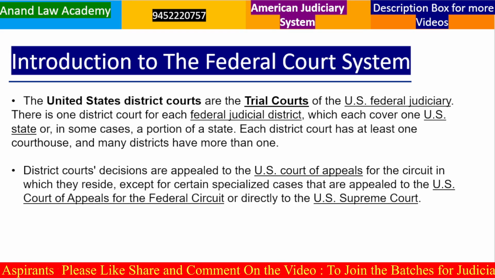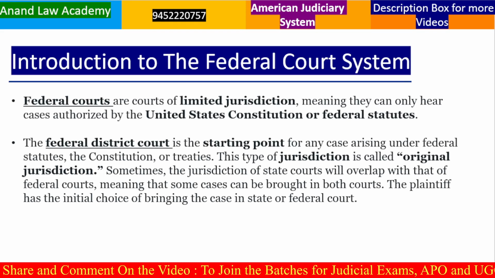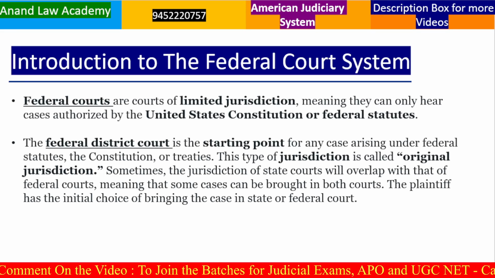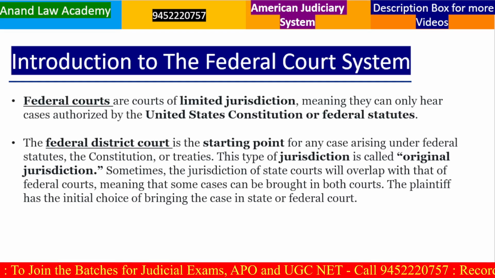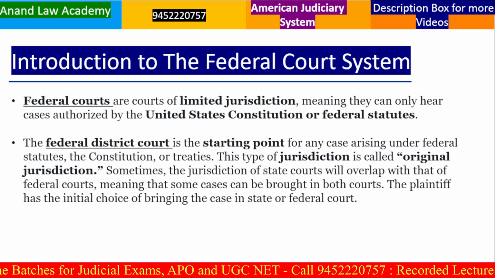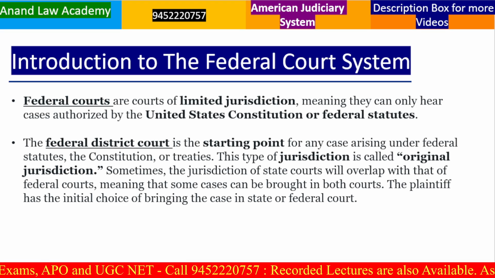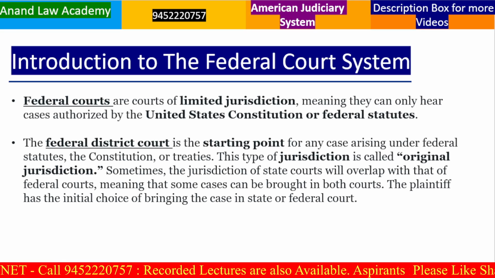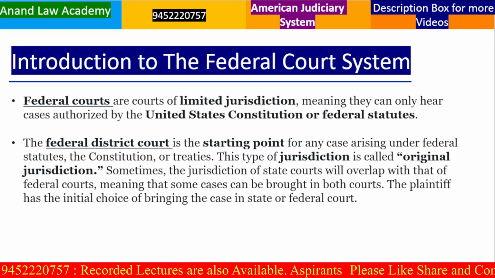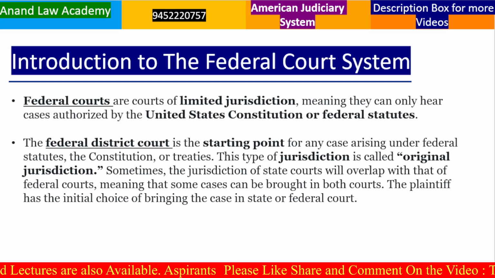So don't be confused here. Now, the federal courts are courts of limited jurisdiction. Why am I saying this? It means they can only hear cases authorized by the United States Constitution or the federal statutes, whereas the Federal District Court is the starting point of every case arising under the federal statutes, the Constitution, or the treaties. This type of jurisdiction is called original jurisdiction.